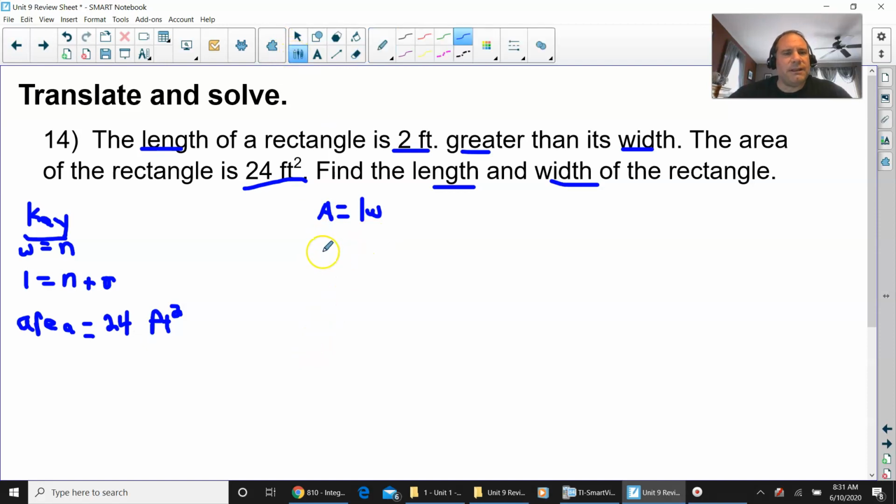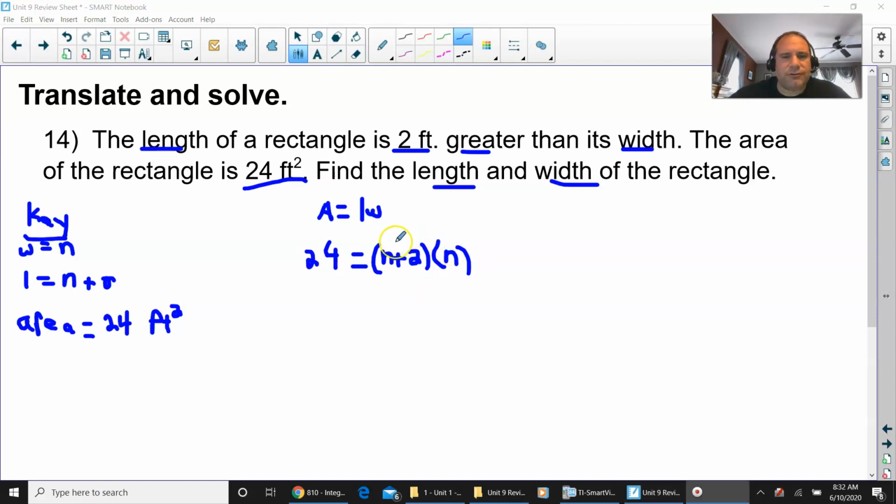All right, so the area equals 24, equals length times width. So we're going to have n plus 2 times n. Pretty easy.